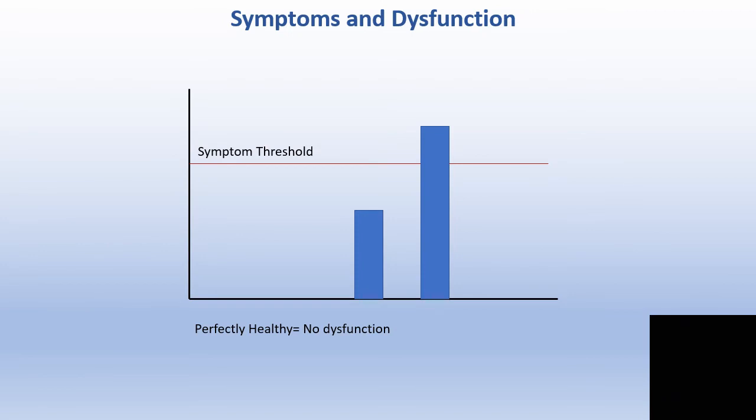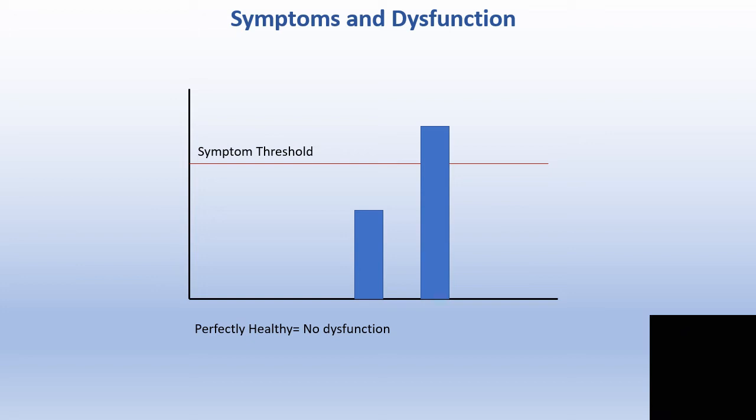So these next several slides are going to show some graphs that are going to help us to identify and to give you a better understanding of something we call symptom threshold. So if we take what's the most that the human body can do, there are several factors that will take away from its ability to handle capacity over time. What we're looking at here is a symptom threshold.